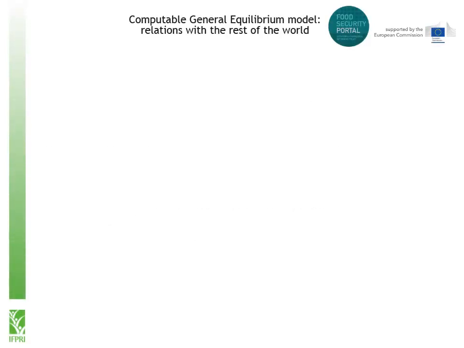So we make several assumptions with the objective of simplifying the introduction of relations with the rest of the world. In this regard, the key assumption is really an assumption of homogeneous goods. So it means that within each sector, the local good is identical to the foreign good.